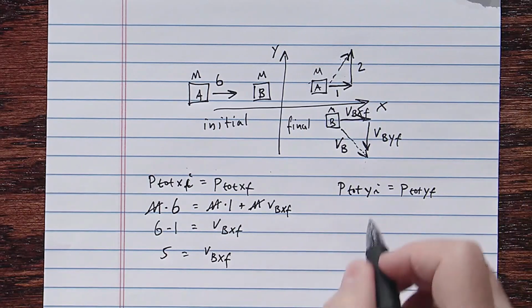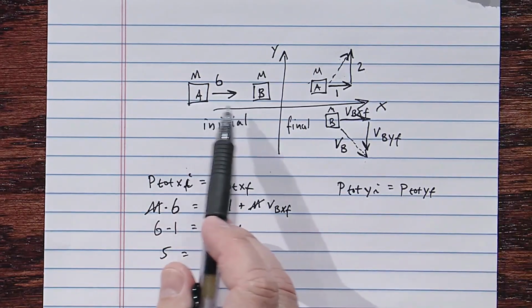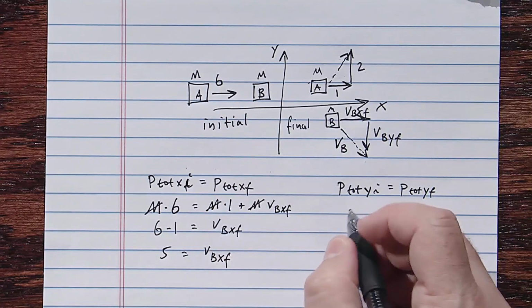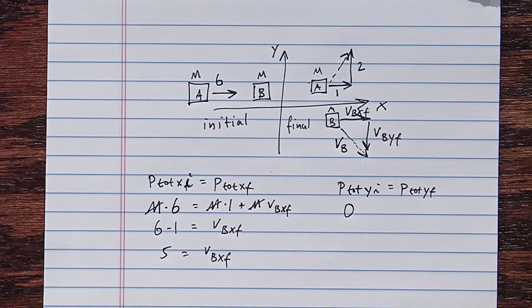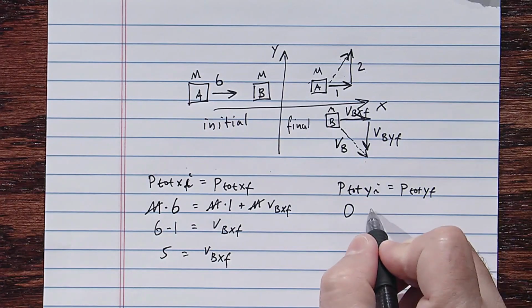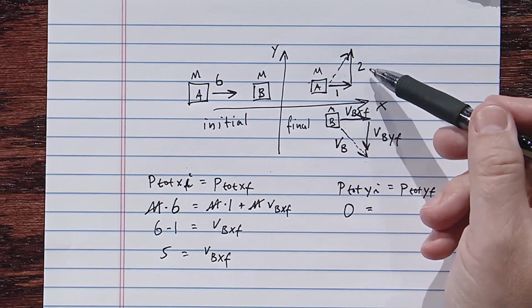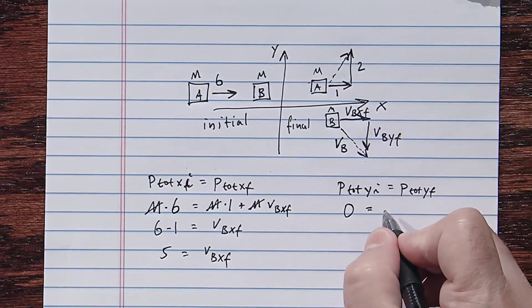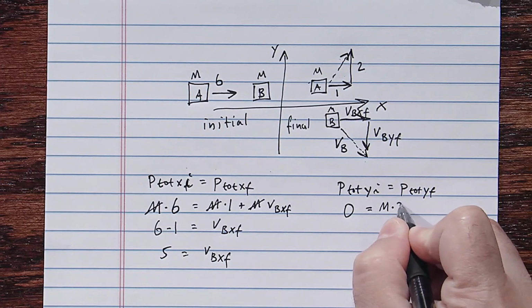And in the y direction, initially, we have nothing moving in the y direction. We're only moving in the x direction. So we have 0 momentum in the y direction initially. Finally, we have mass m moving at positive 2 meters per second in y. So that would be m times 2.